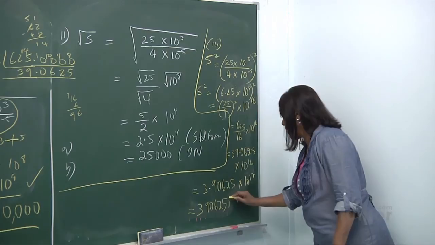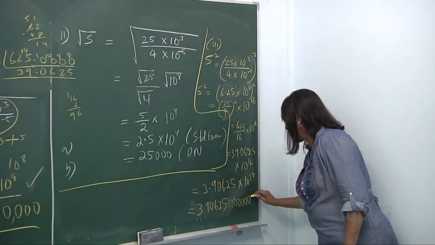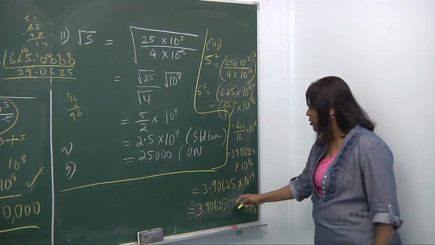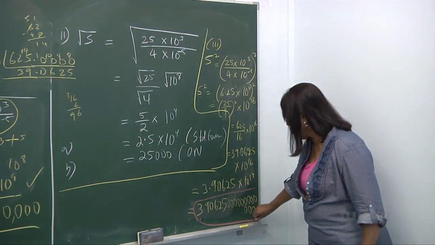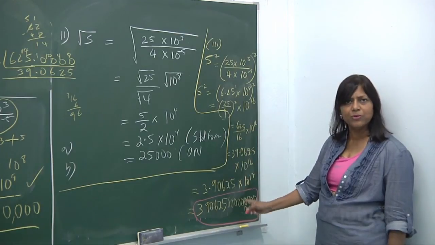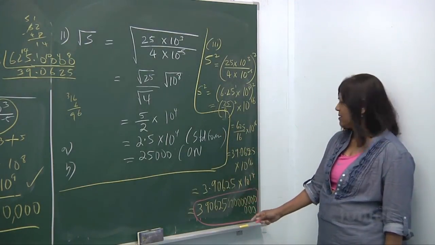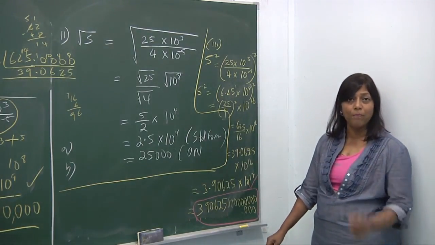So when you put here 1, 2, 3, 4, 5, 6, 7, 8, 9, 10, 11, 12. Do you see? I just deliberately gave you this sum to show you that this is not easy to read as an ordinary notation. So it is best expressed as a standard form.